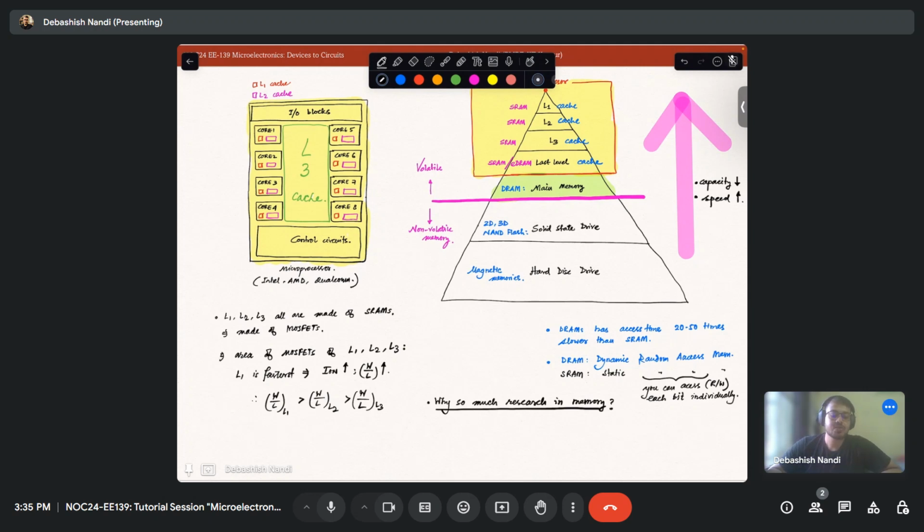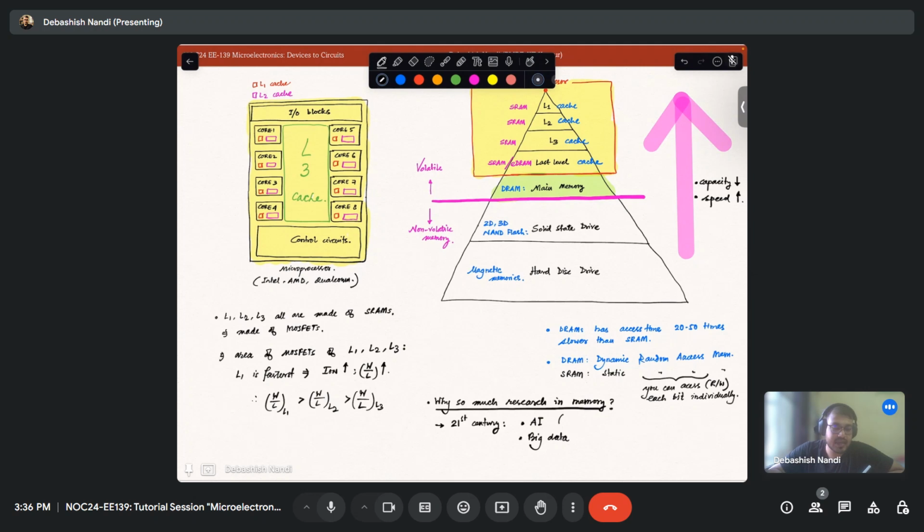So what is the need of today, in the 21st century, that is driving the requirement of this huge memory revolution? One thing is AI, then big data. For example, AI.